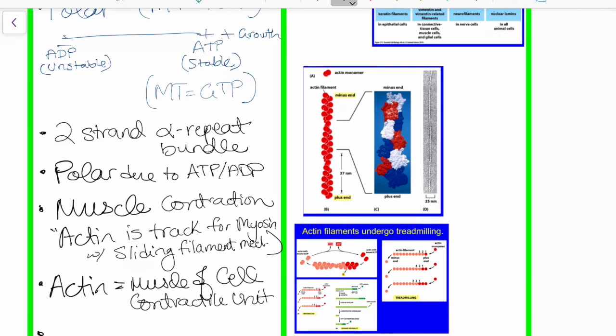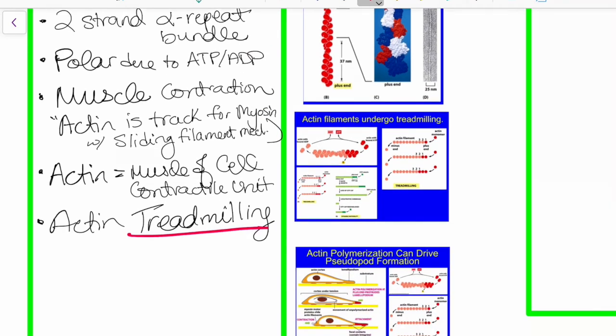And that's the way actin works, like I showed above. We call that treadmilling. How treadmilling works is that once again you have two ends, the positive end and the negative. On the negative side you have the unstable ADP, which is losing, and on the positive end you have the ATP, which is growing.